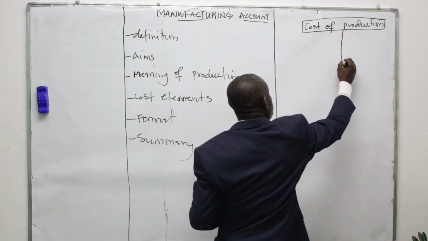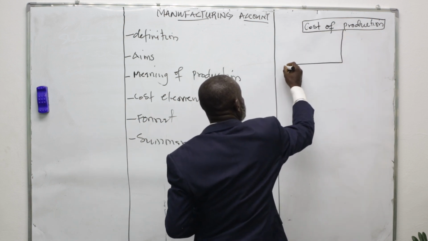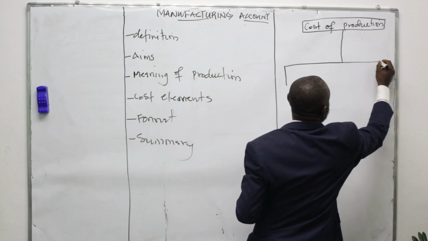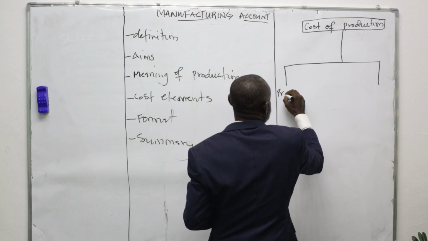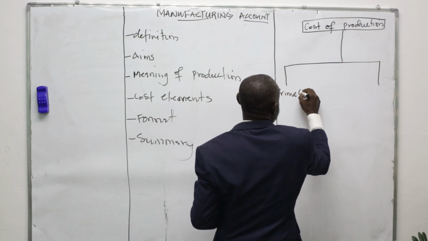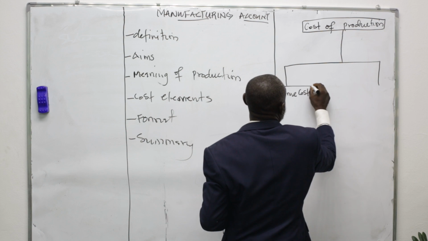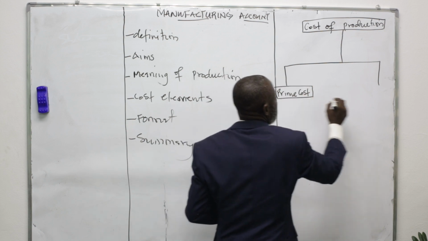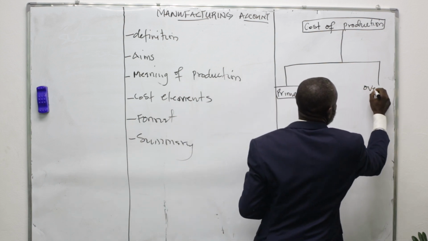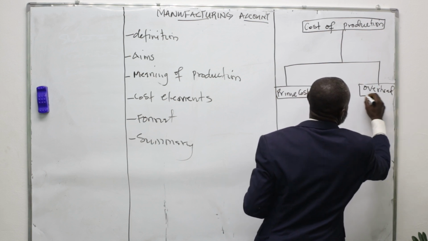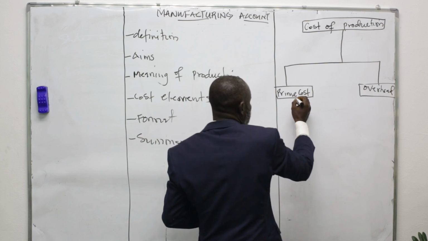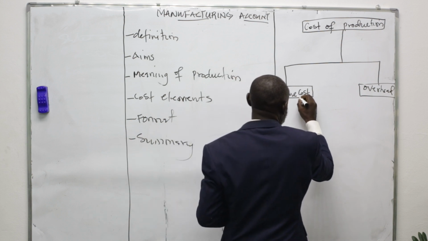And majorly, or basically, this cost of production is divided into two major parts. First part is what is known as prime cost. And the second part is what is known as overhead. The prime cost is further divided into 3.